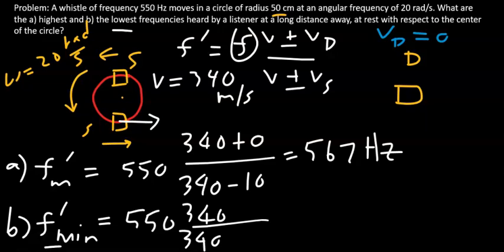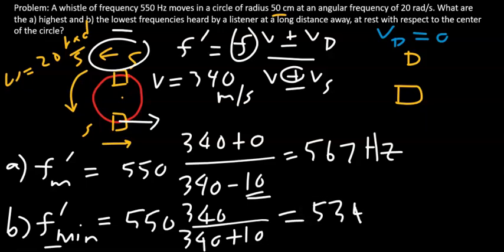Remember, the minimum frequency occurs when the whistle is on top, when it's moving away from the detector. So to get a shift down, you have to use the plus sign for the speed of that whistle. So it's plus the speed of the whistle, 10, as worked out before, and you get 534 Hertz. You see F prime is less than the original frequency, and that's the minimum frequency for this motion.